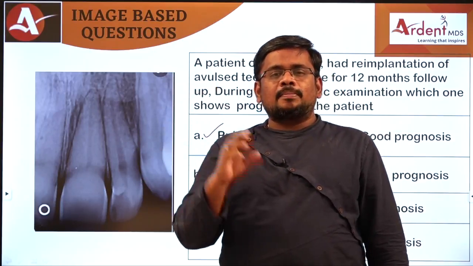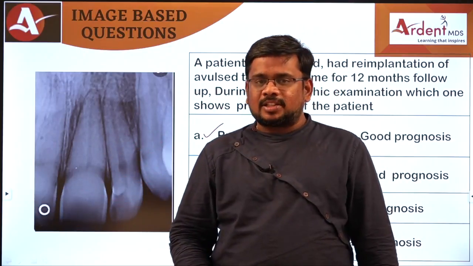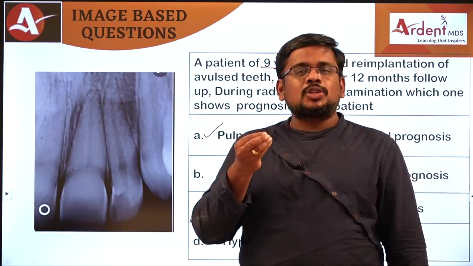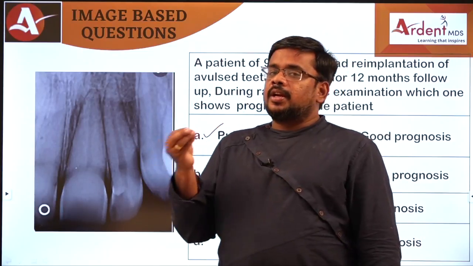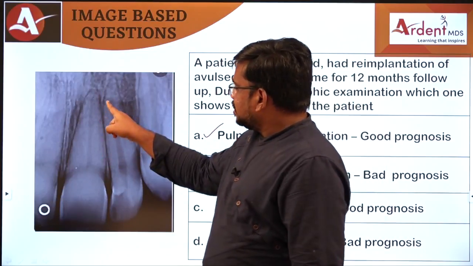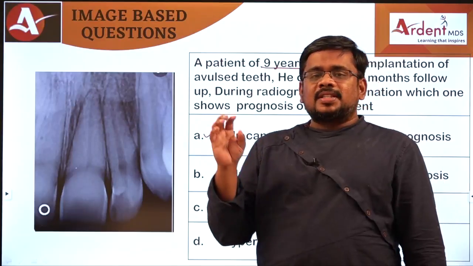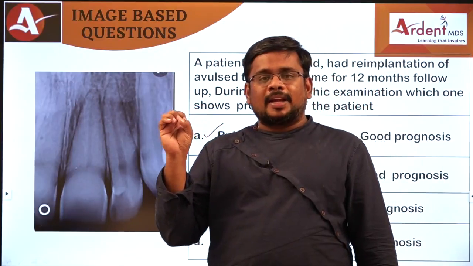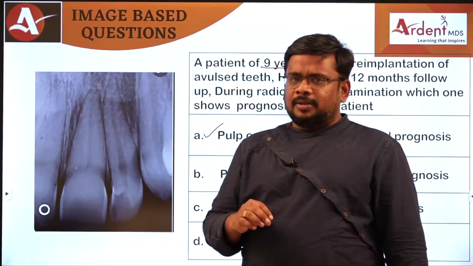So after you reimplant or splint after the luxation injuries, there is a gradual, progressive, excessive deposition of reparative dentin within the root canal. Because of this, the space of the pulp canal is decreased. This is what is called pulp canal obliteration.